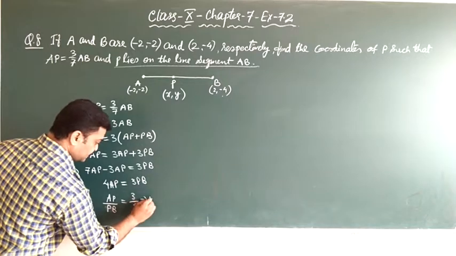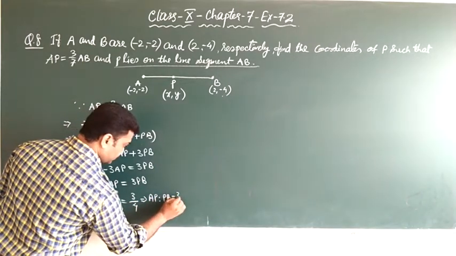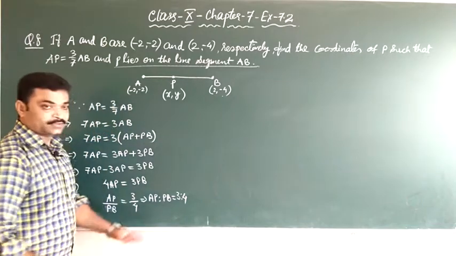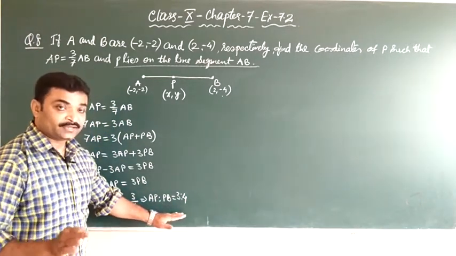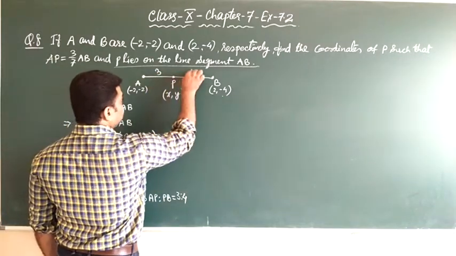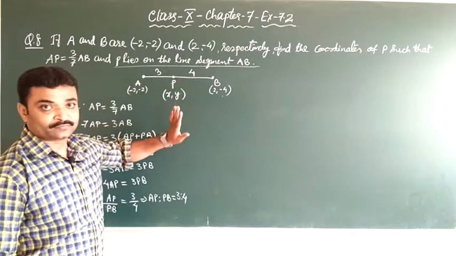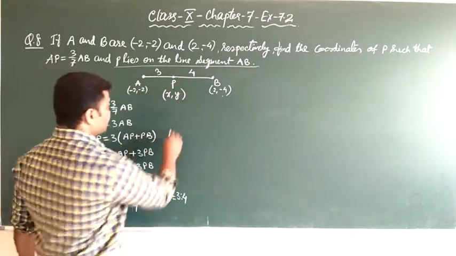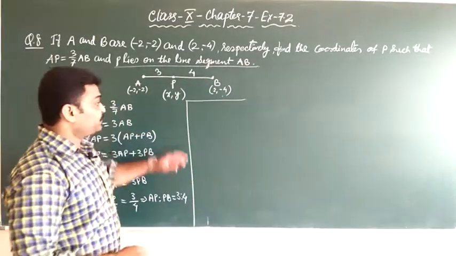This implies AP is to PB is equal to 3:4. That means here we can find that P divides the joining of A and B in the ratio 3:4. Clear?